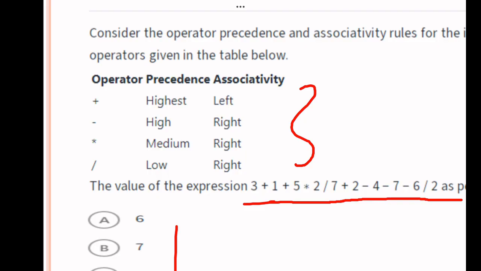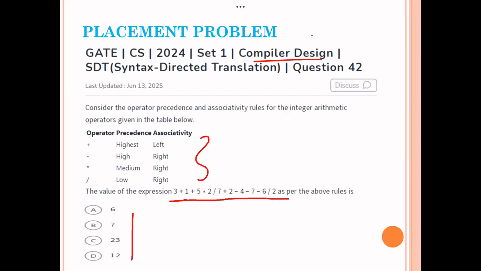The first is plus, then minus, multiplication and division. Rank 1 is the highest, multiplication is medium and division is low. Plus is left associative, minus is right, medium is right, and low is right. Done.